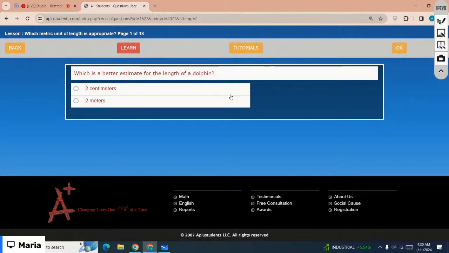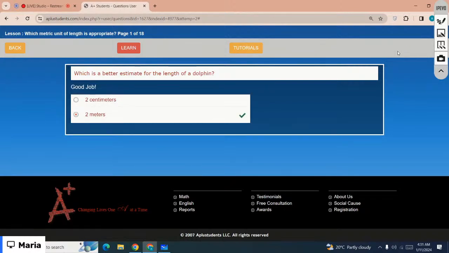Which is the correct option? That is a dolphin. Centimeter is a smaller unit, meter is a bigger unit. It must be 2 meters, right?